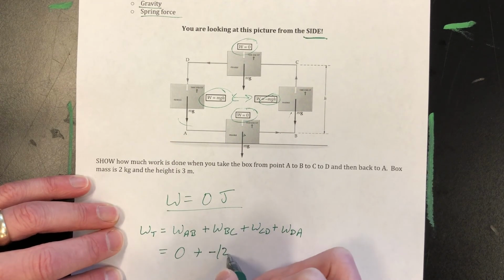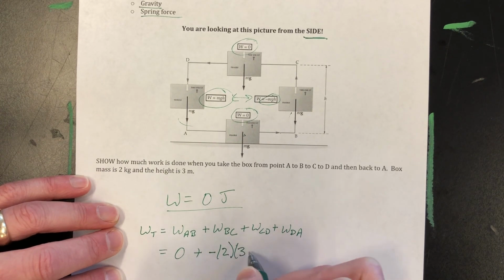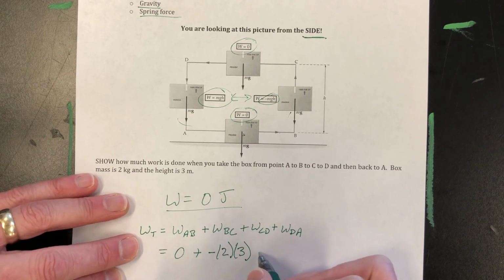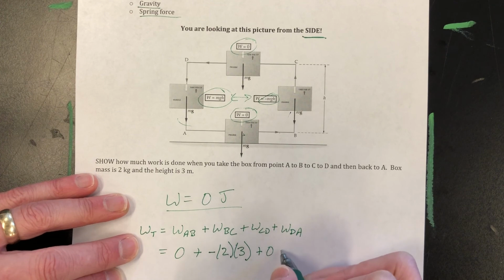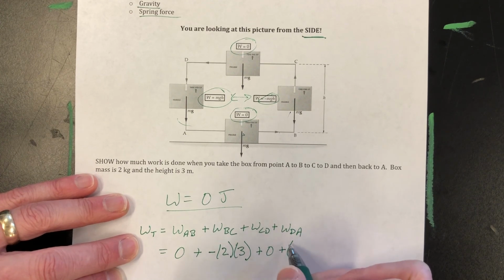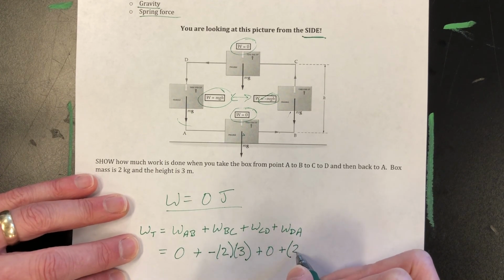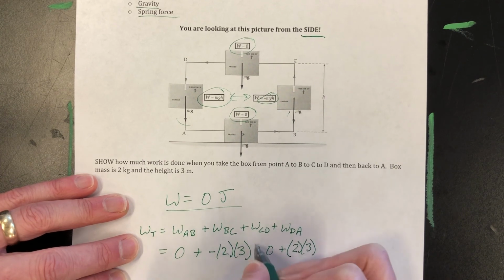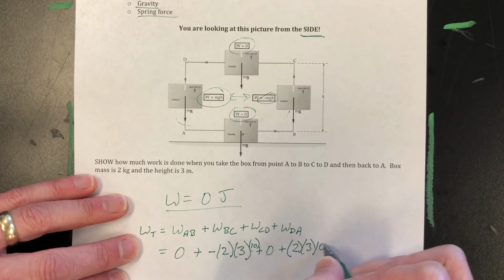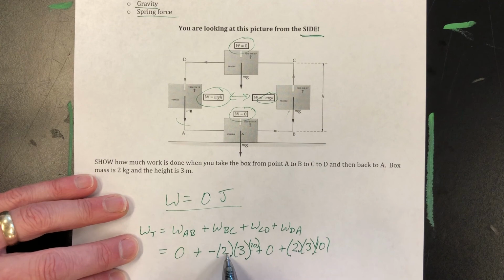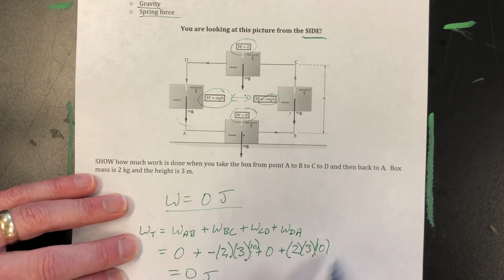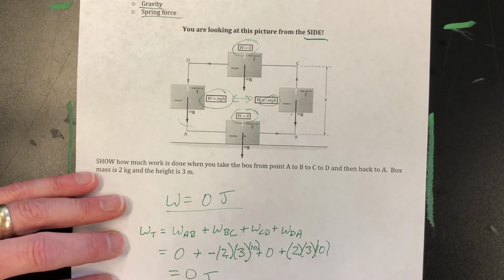Here we've got 2 kilograms times 3, and then we plus 0, and then this is plus, and again we have 2 times 3, and notice I forgot the 10 here, so we'll put that in. But if you take 60 negative plus 60 positive, you get 0 joules. And so that's a little bit more work for you to be able to see.